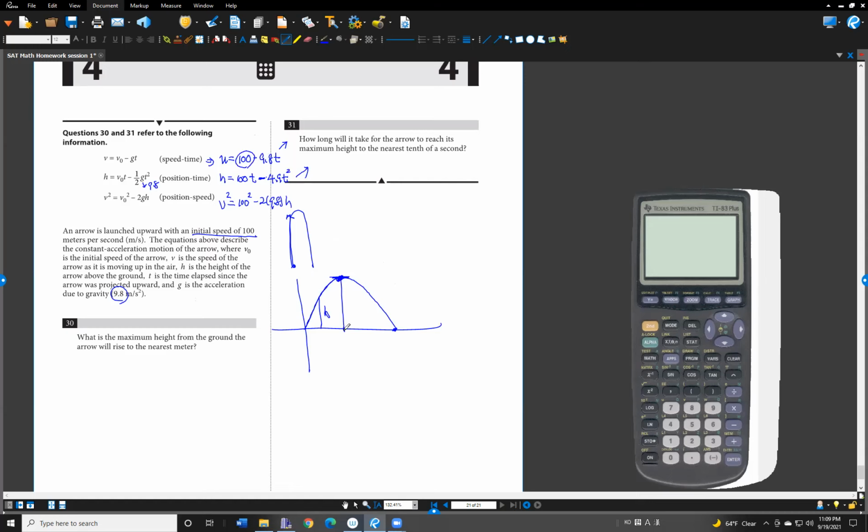Initially it's 100, then 0 at the top, and going down it's negative. But at maximum height the final velocity is 0. You can use this formula: 0 equals 100 minus 9.8t. At this point the final velocity is 0.